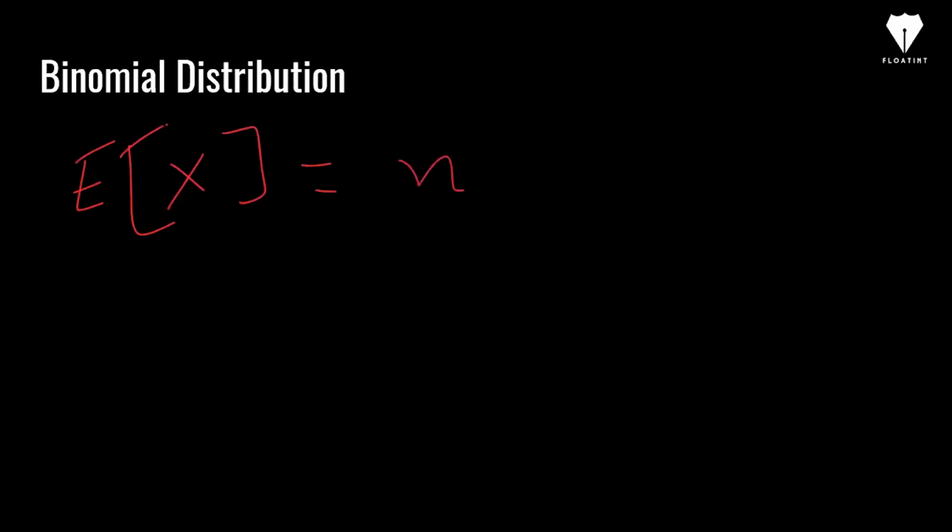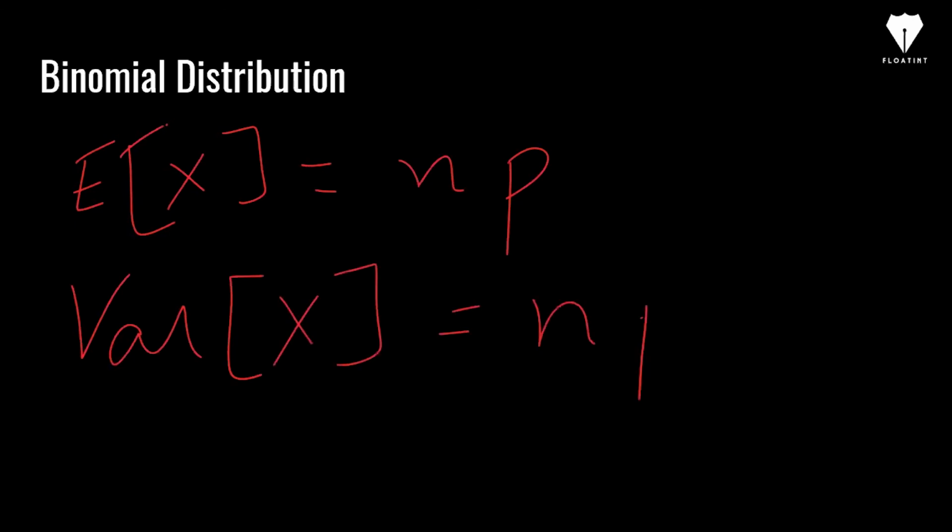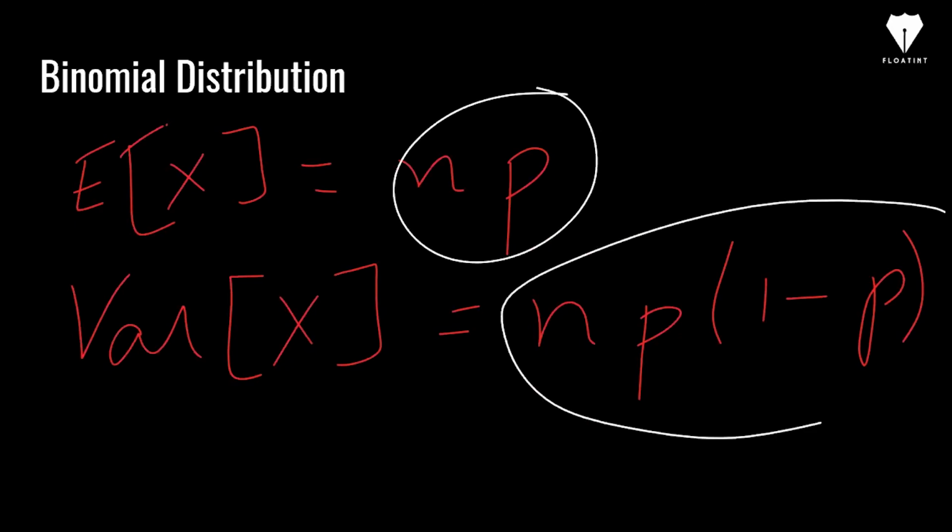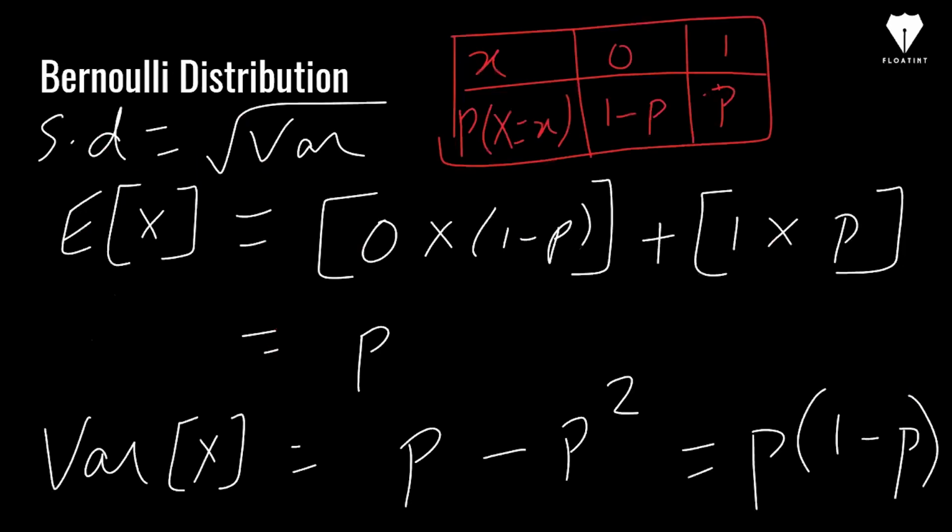I'm writing down the formulas, and you can do it by yourself. As you can see, the Bernoulli distribution is a special case of the binomial distribution wherein n is equal to 1. You can figure that out from the values of the mean and the variance. If you put n as 1, you will get these values, p and p into 1 minus p.